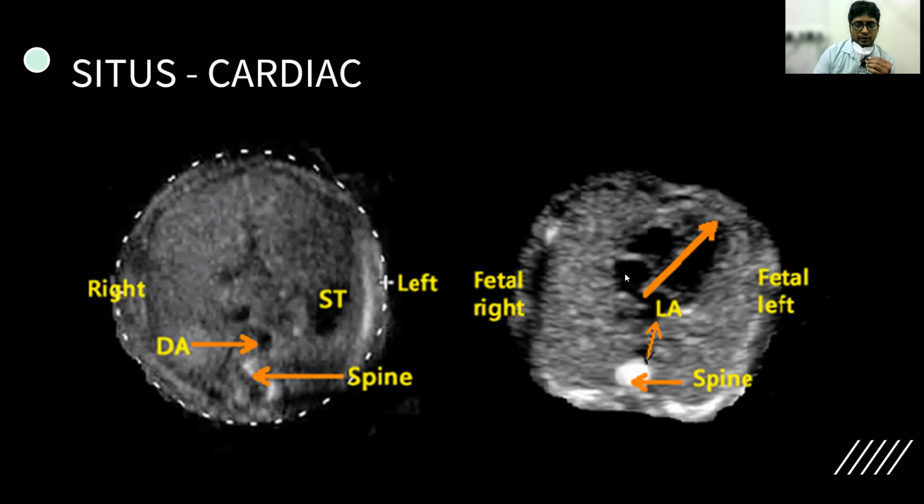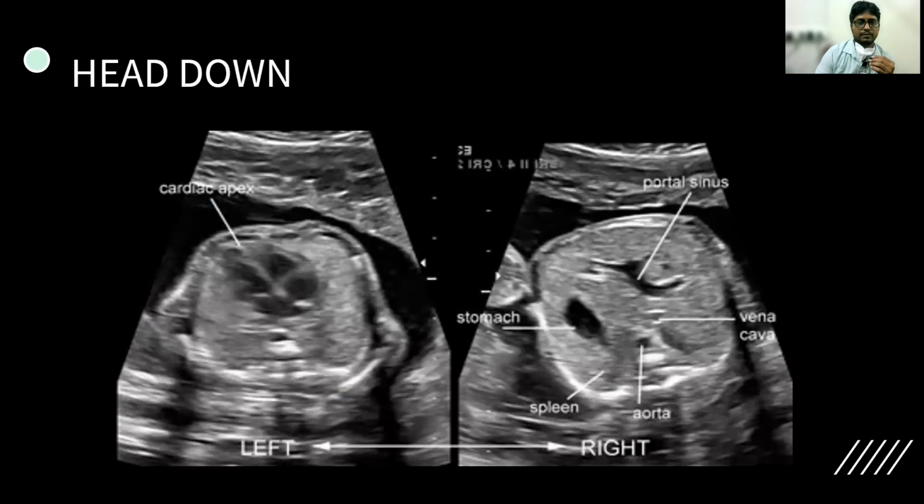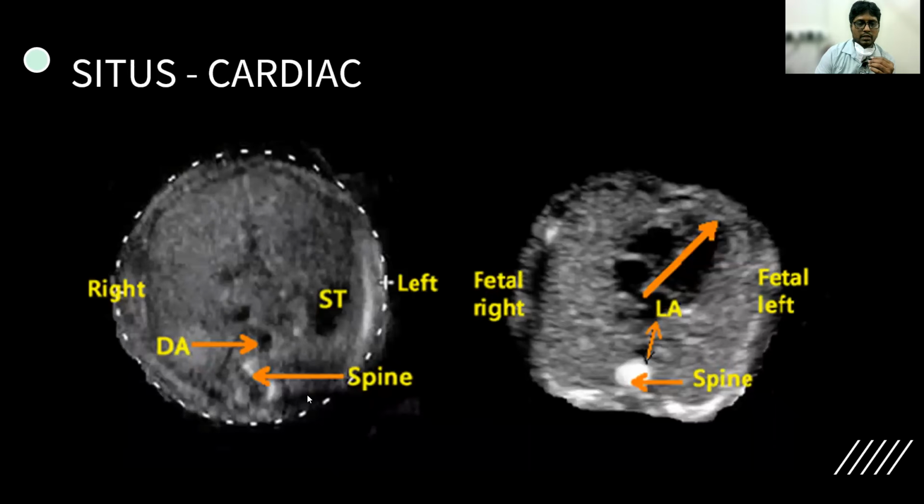Now, one of the first things that we see in the thorax cut is to look at the cardia, the spine, and the location of the stomach at a much lower level. The other thing that we have to look at is the position of the stomach in relationship to the vertebral body. Here, in this case, we can see that this is the vertebra.